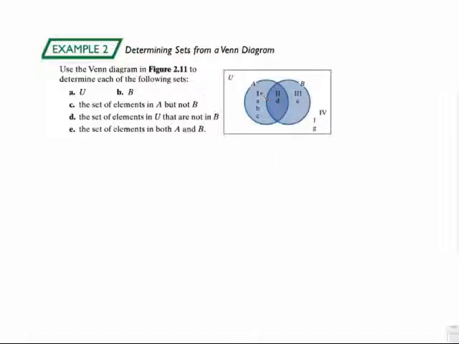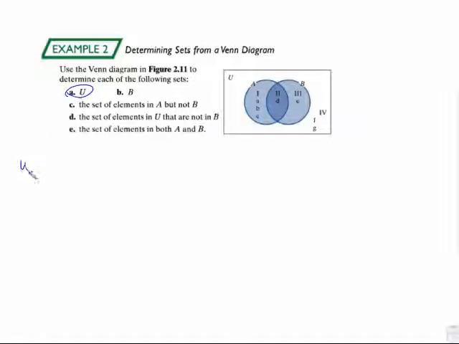All right, we're going to take Venn diagrams that are already drawn and see if we can answer these questions right here. Now, first off, you have to see this Roman numeral 1, Roman numeral 2, Roman numeral 3, and 4. Those are just labels of particular sections. Those are not individual elements. The elements are in the little letters. So first off, we want to determine what our U is.